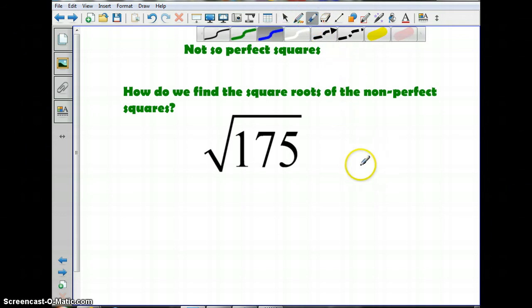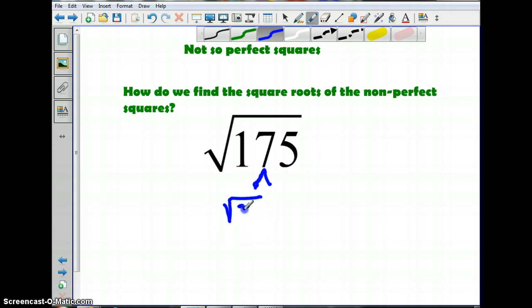On your quarter 4 exam, which is not too far away, you're going to be asked to estimate that. And what you can do here is find a perfect square that goes into 175. So what are some perfect squares that go into 175?